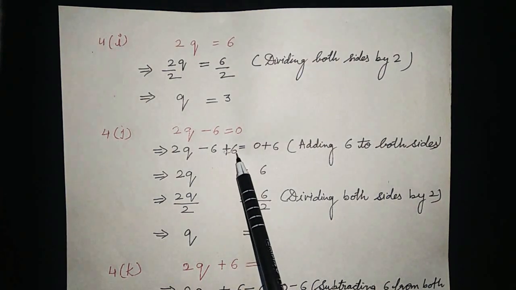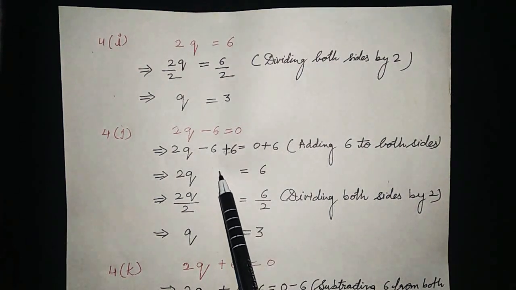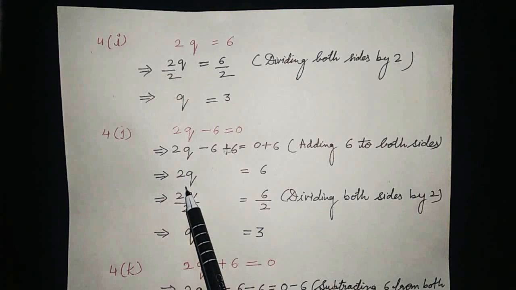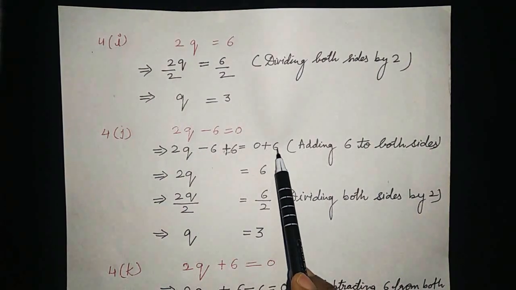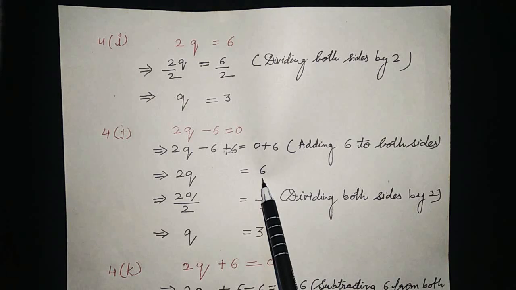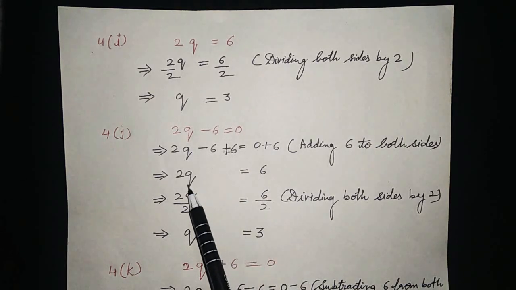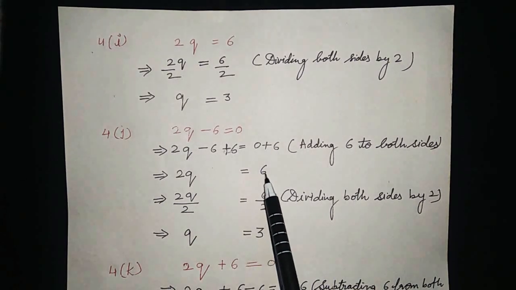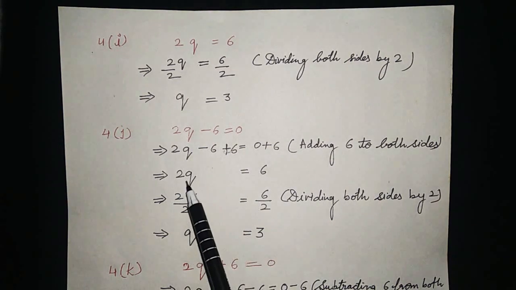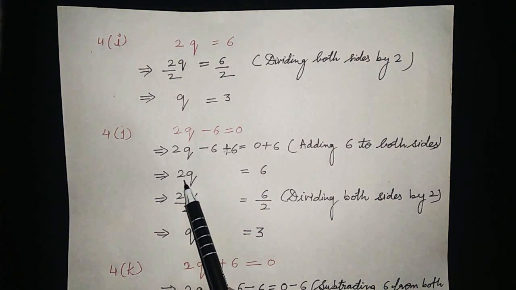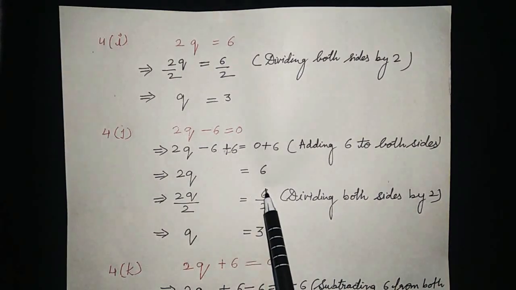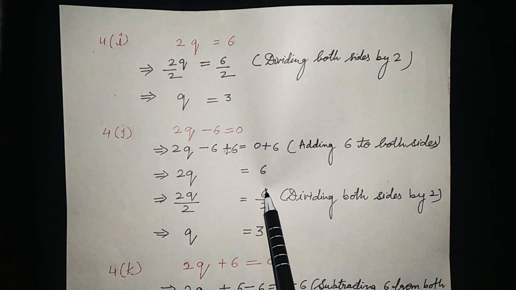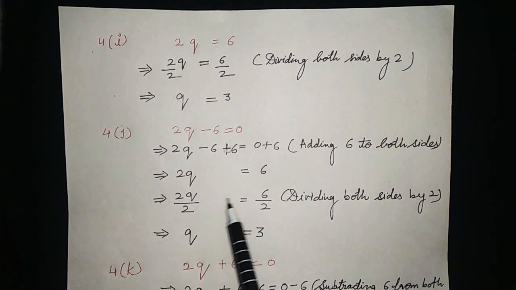Minus 6 and plus 6, for this you will get 0 and 2q you will write here. And on the right hand side 0 plus 6 if you add, what will come? 6. Now the step is 2q is equals to 6. Now we can see here 2 is in multiplication with this q. So both the sides of this equation we will divide by 2.